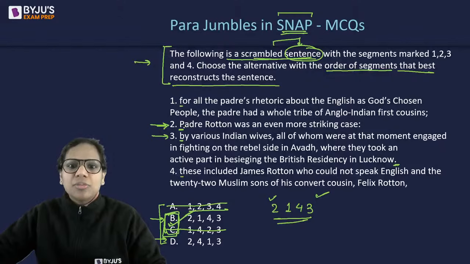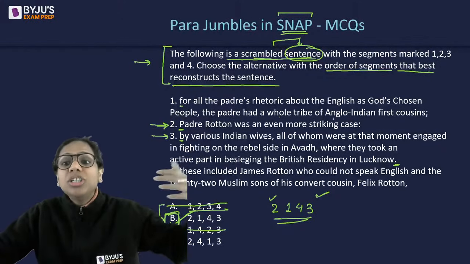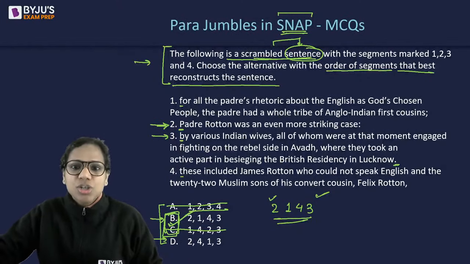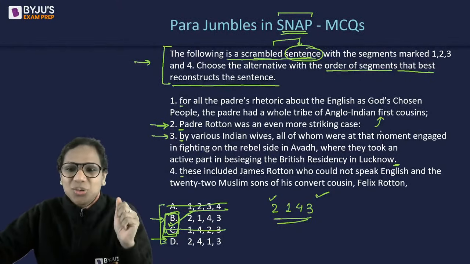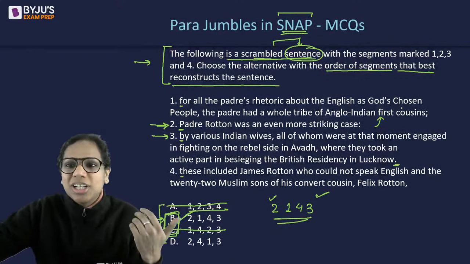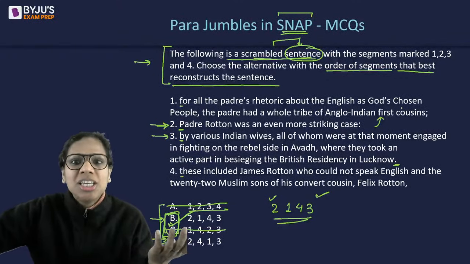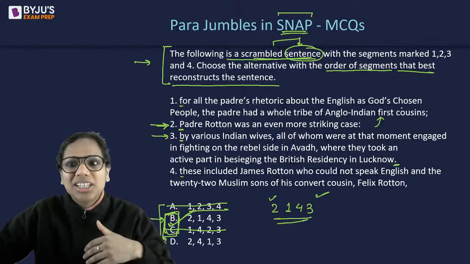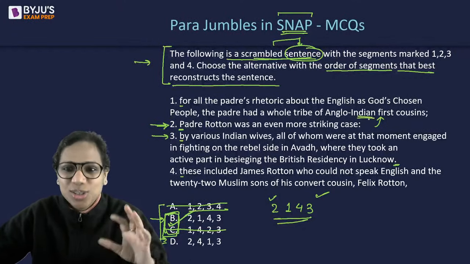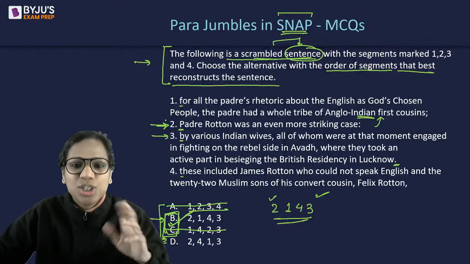Then: Padre Rotten was an even more striking case. For all the Padre's rhetoric about the English as God's chosen people, the Padre had had a whole tribe of Anglo-Indian first cousins. So that is why his case was striking. He told people that English was God's chosen language, but he himself had a whole tribe of Anglo-Indian first cousins. They were Indian also, right? Anglo-Indian, British Indian.